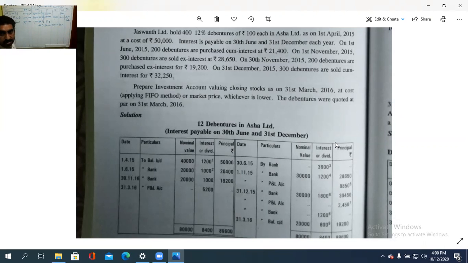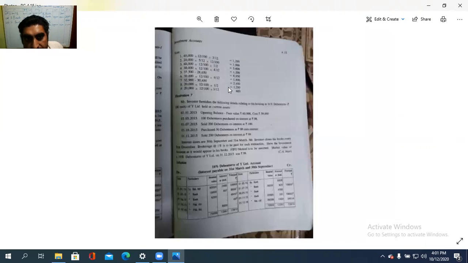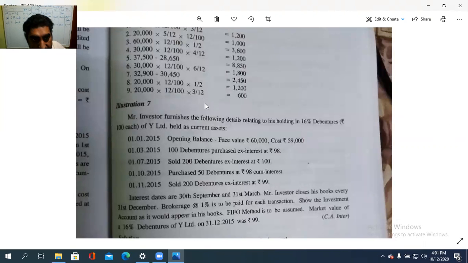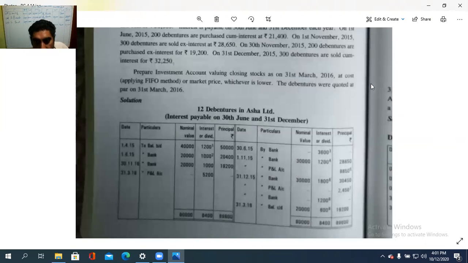That is cum interest, so it is 3,450. Then again, by P&L account, that is 2,450. How is it to be calculated? That is 32,900 minus 3,450, that is 2,450.